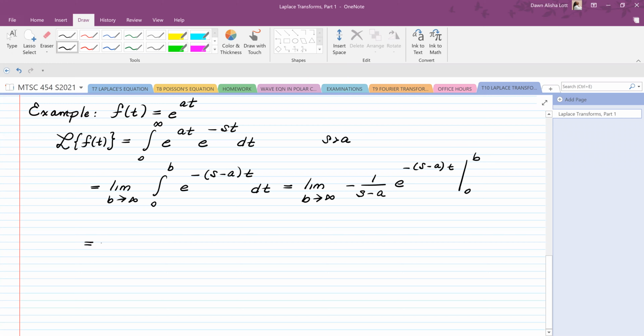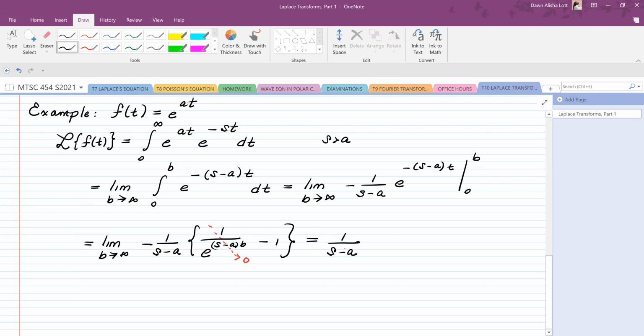So that's the limit as b approaches infinity of minus 1 over s minus a times 1 over e to the (s minus a) b, minus 1. And again, since s is bigger than a, that thing goes to 0. So I just get 1 over s minus a.